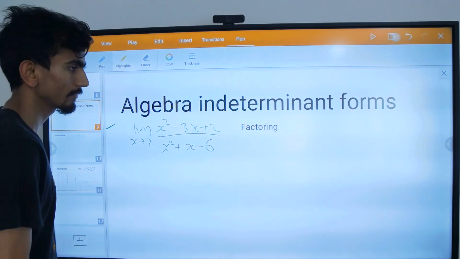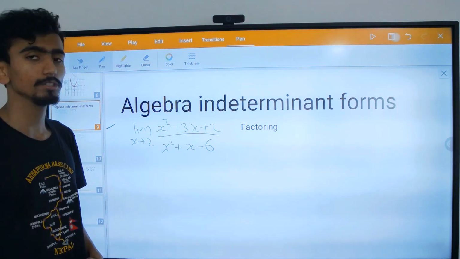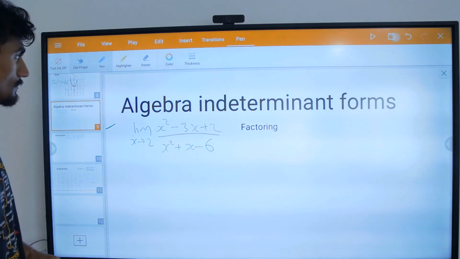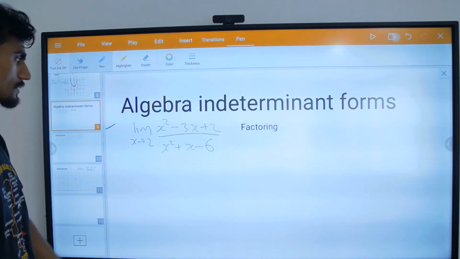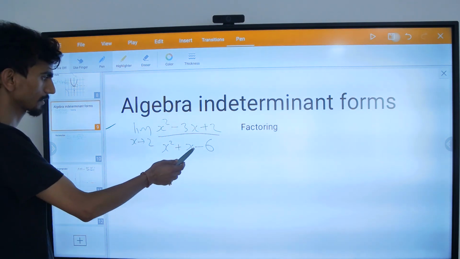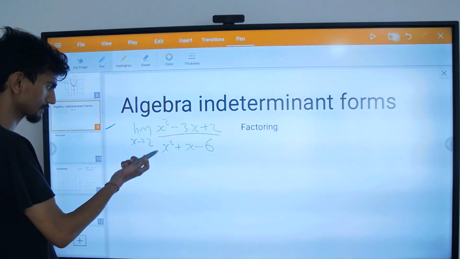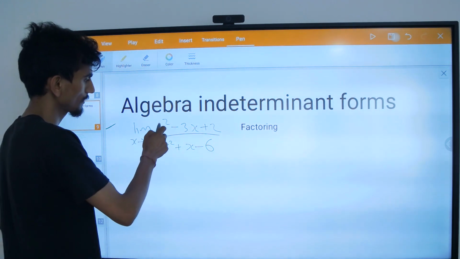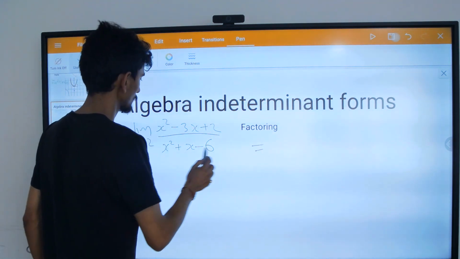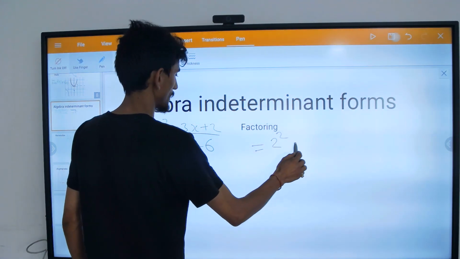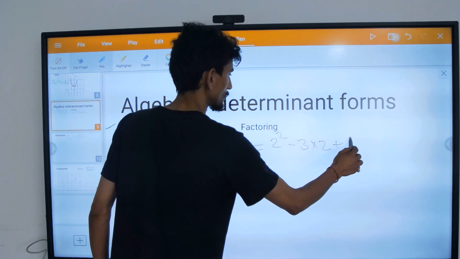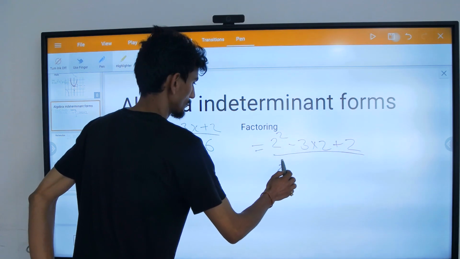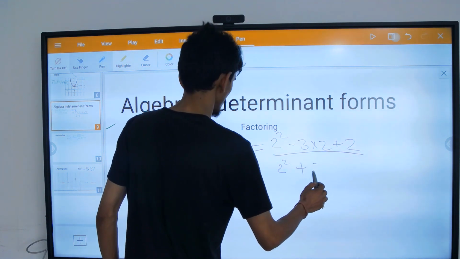Now we see the indeterminate form, and how we solve it and find the limit. Let's see an example: x square minus 3x plus 2 divided by x square plus x minus 6. We need to do some algebra. First, let's see what this is when x equals 2. Putting x as 2, we get 2 to the power 2, which is 4, minus 3 into 2, which is 6, plus 2, divided by 2 to the power 2 plus 2 minus 6.